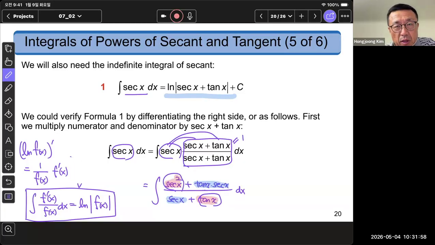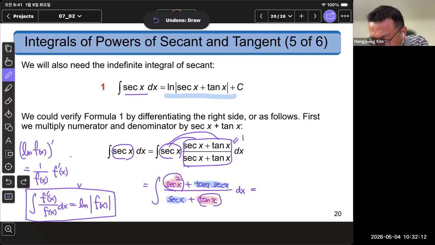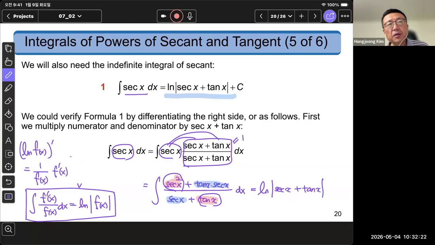When you differentiate secant x, you get tangent x times secant x. So by using this formula on the left, we get ln absolute value of the denominator, secant x plus tangent x. So that is the integral of secant x.